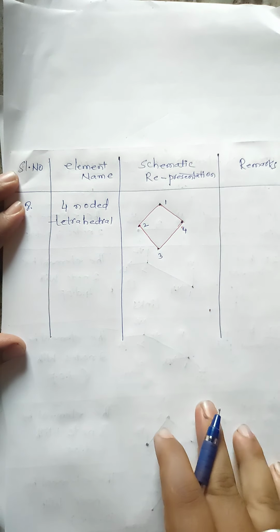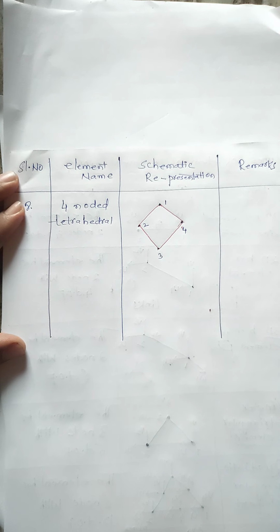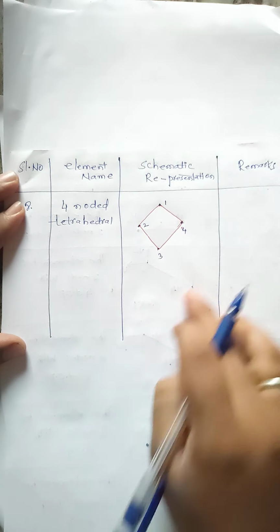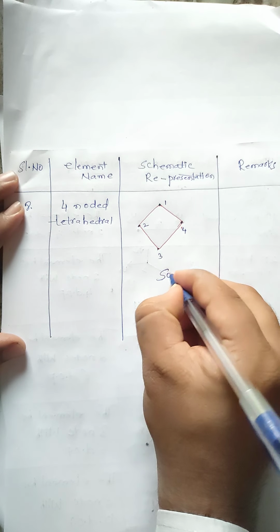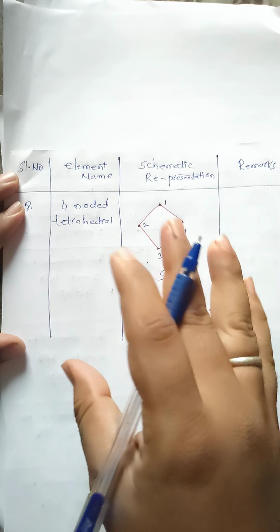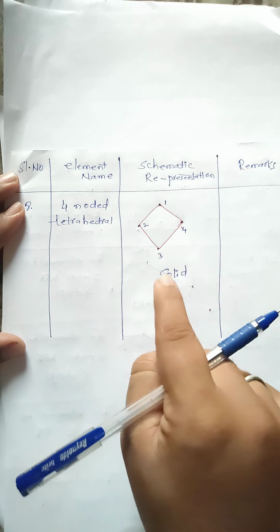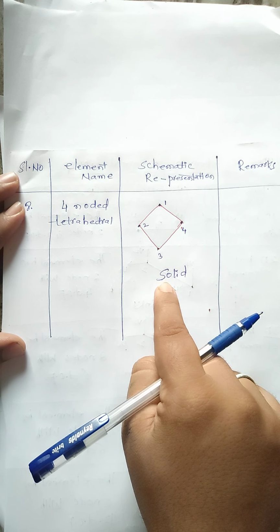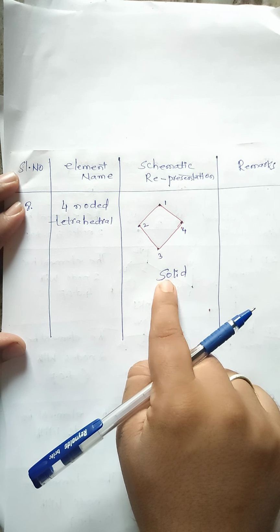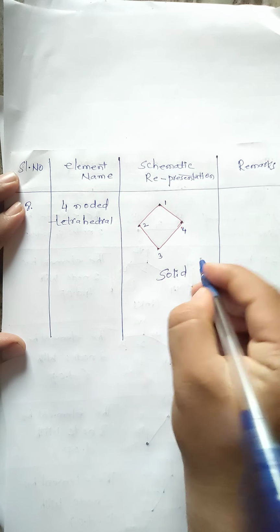Then if you want to observe the 4 noded tetrahedral element, in which they are acting in 3 dimensions, this figure is the solid object. This object has the x direction, y direction, and z direction. So that's what we can represent. This schematic representation of the diagram is Solid 285.